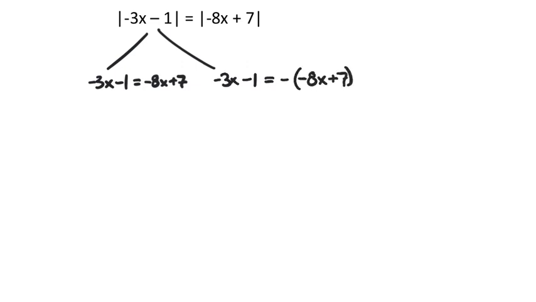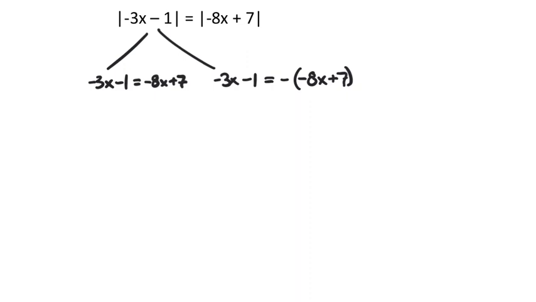Now, I'm setting it up like this because it corresponds to what we were doing with the 8s, right? You've got one's positive, one's negative. Here's my positive, here's now my negative. But it's the whole thing that's negative. I need to make the whole thing negative. I like to show this step. Some students don't, and they'll just say, all that means to me is I'm going to change the signs. That's fine.